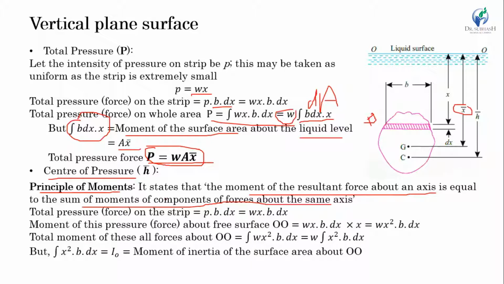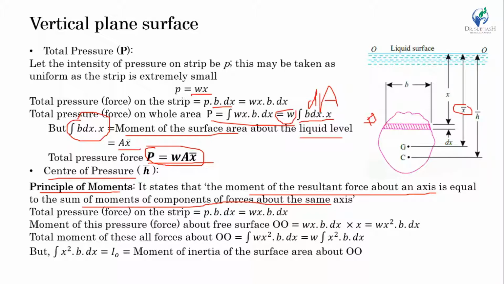We first take the moment of the small force dp acting on the small strip, and then integrate over all these forces to get the sum of the moments. Then we take the moment of the resultant force, which is P times its distance from the free surface of the liquid.